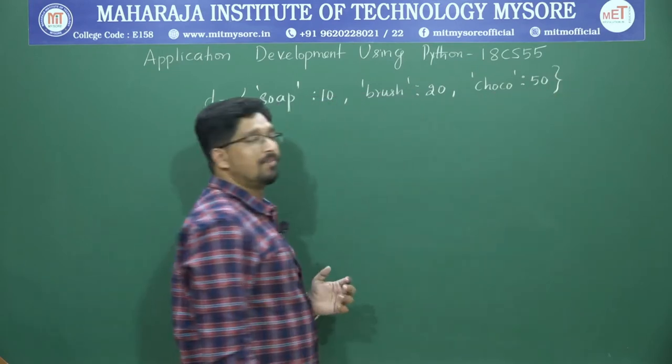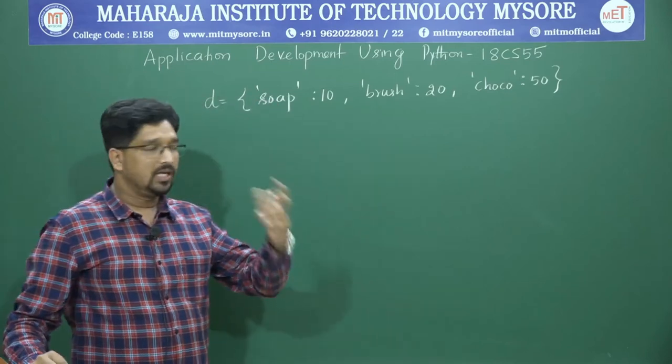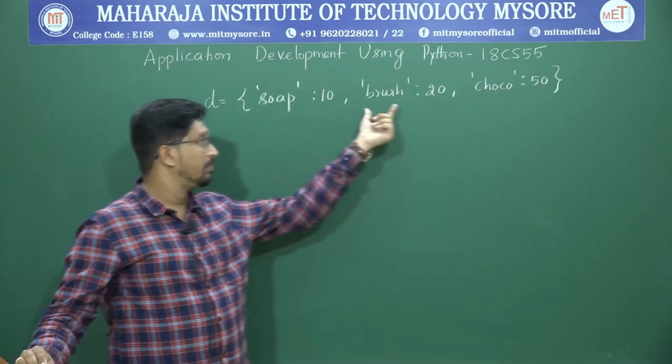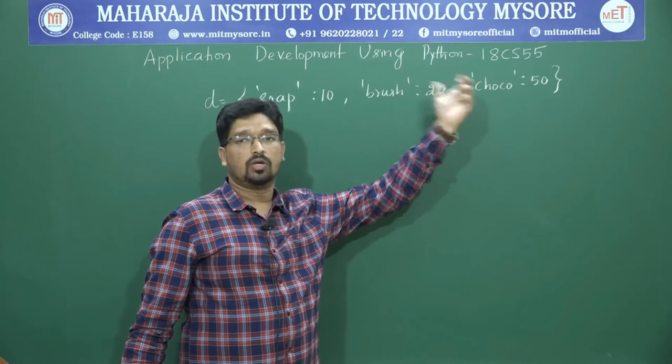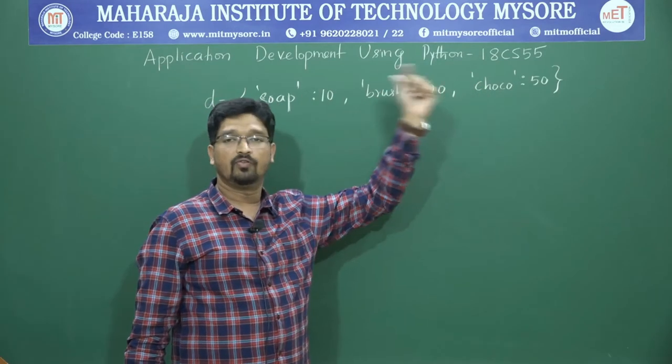I consider a very simple dictionary with 3 items. Here what are the keys? Keys are soap, brush, choco, and the values are 10, 20, 50.